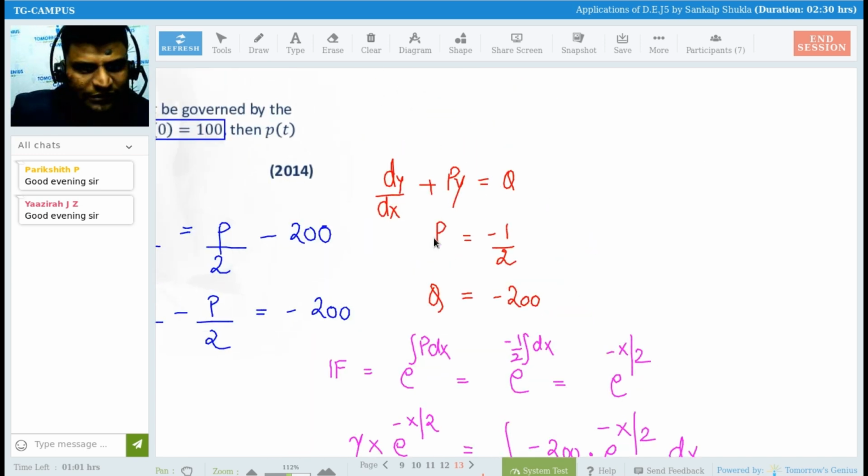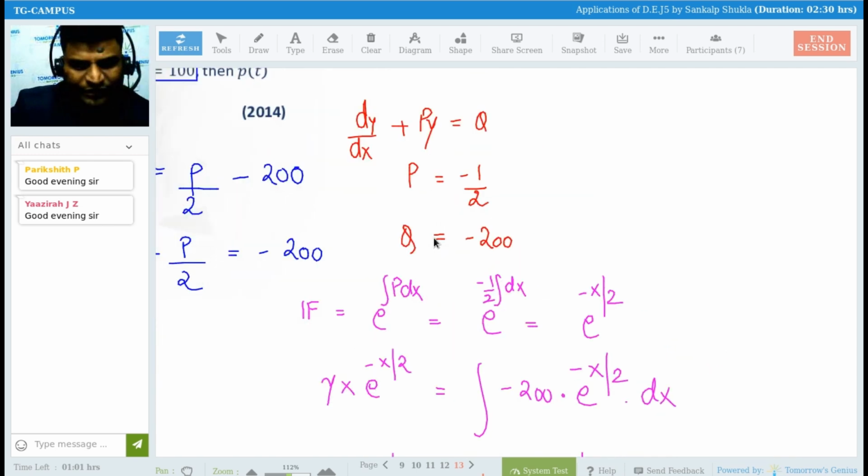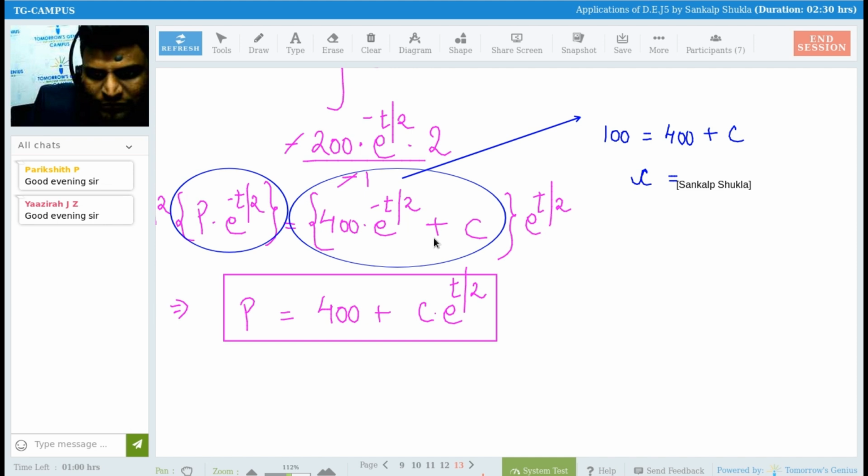So what is the particular solution? It is when t is 0, p is 100. When t is 0, p is 100. So 100 is equal to 400 plus c. Got it? That means the value of c is minus 300.